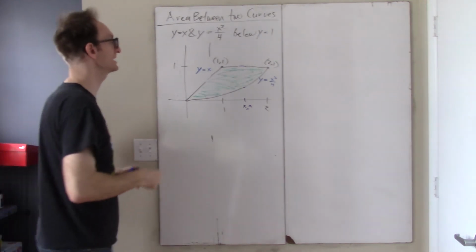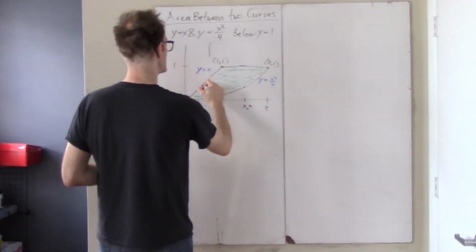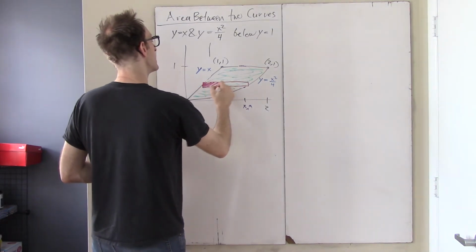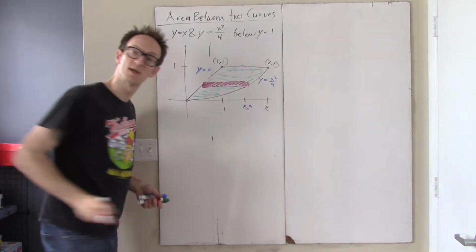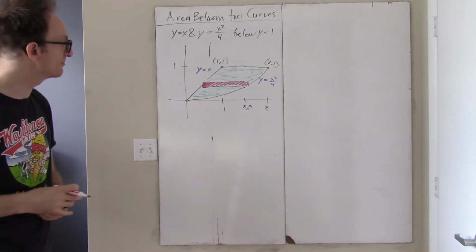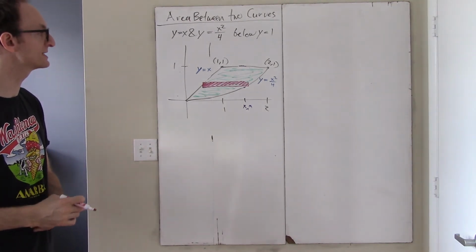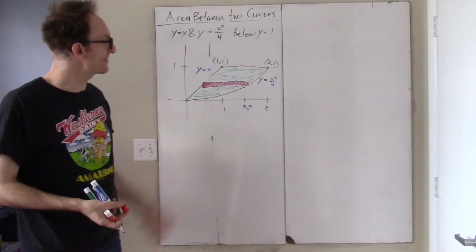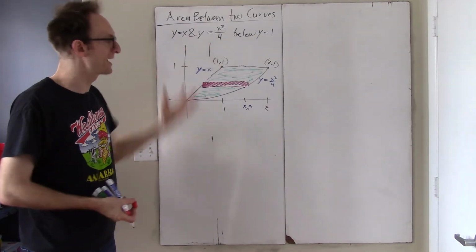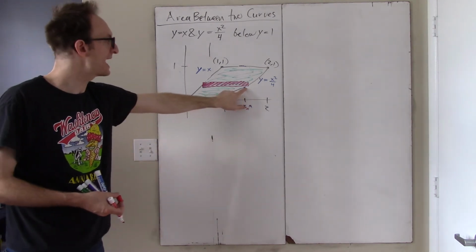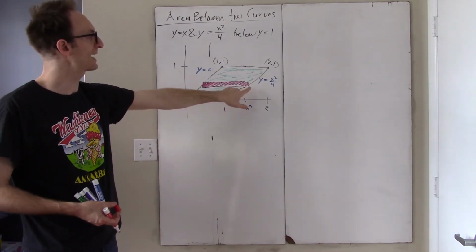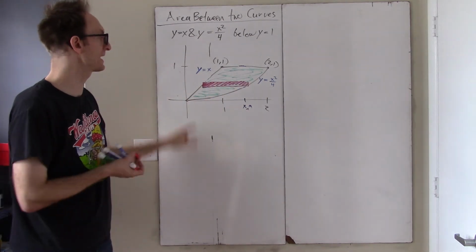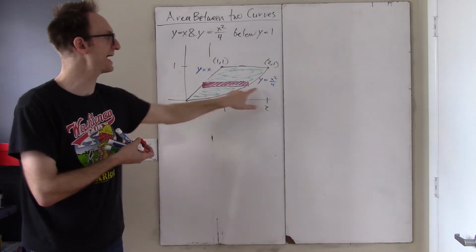Instead, hopefully you will see that if I partition this up into an infinite number of infinitely thin horizontal rectangles, then this is the superior and more elegant solution to this problem, because now, as this shape is the way it is, I can always say that this rectangle will have a length which is determined by the difference in two particular x-coordinates.